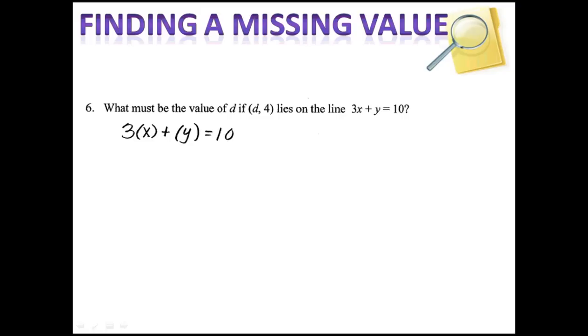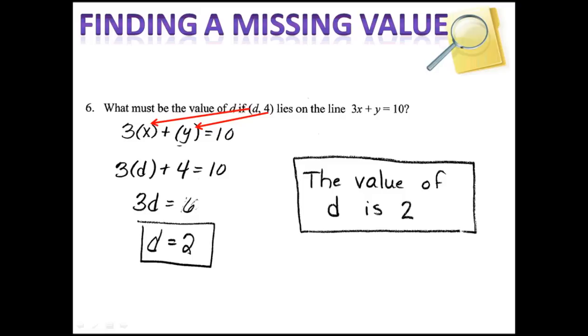Well, what I'm going to do is take the d, plug it in for x, and the 4, plug it in for y. When I do that, I have 3d plus 4 equals 10. And I solve that equation, I find out that d equals 2. The value of d is 2. So if I drop a 2 into my machine, it will give me a 4.